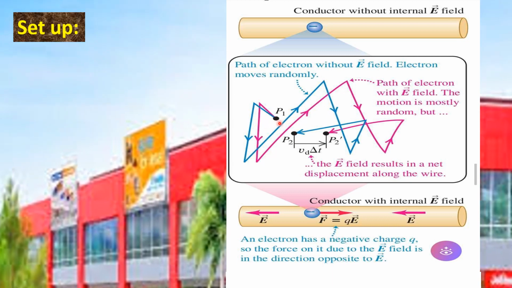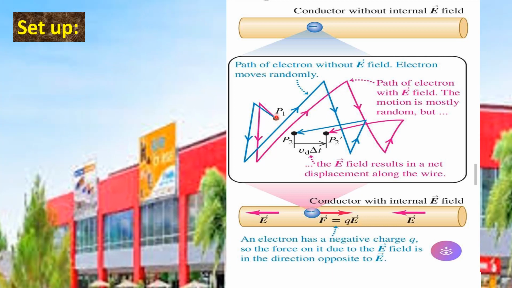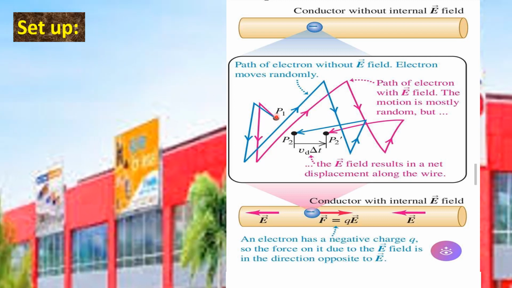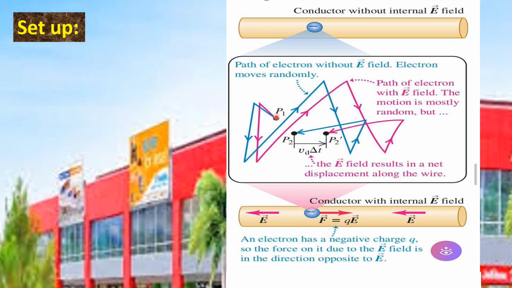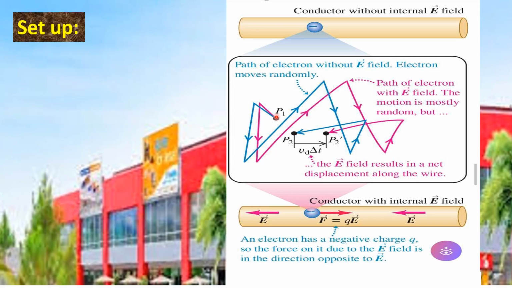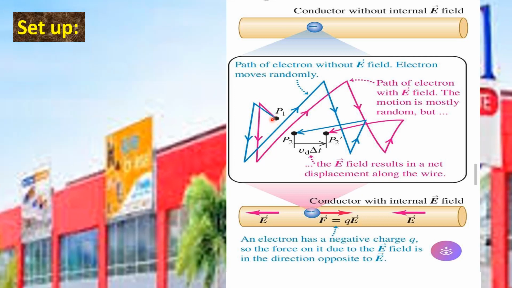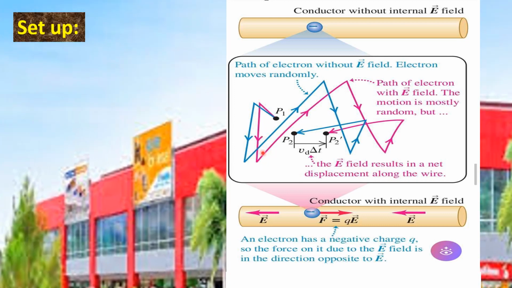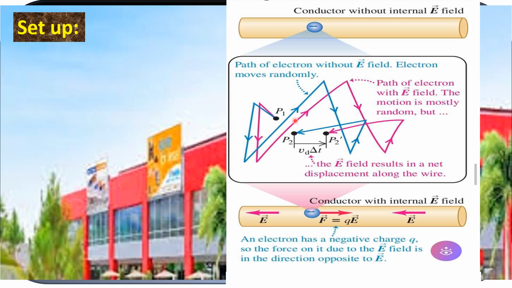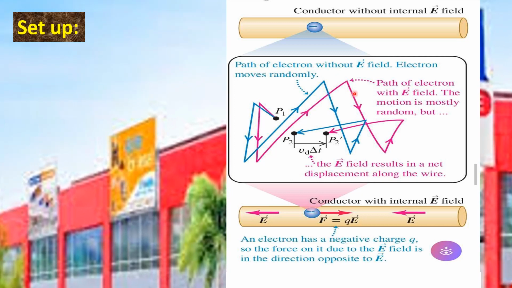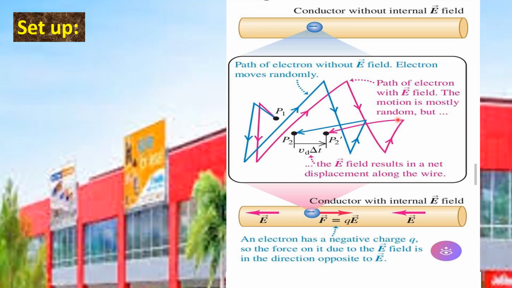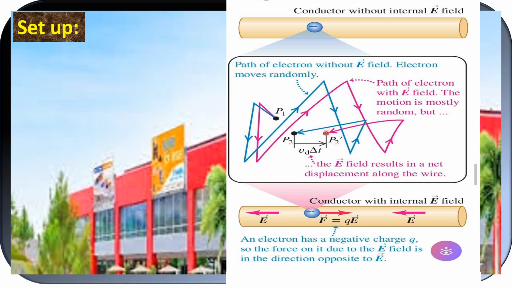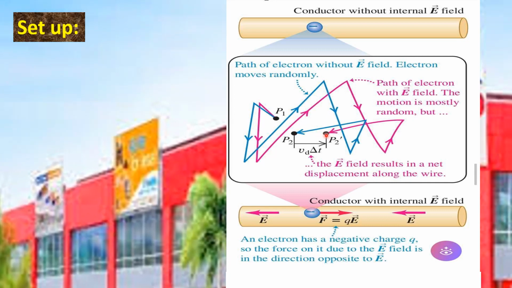So if you're going to trace the path of the electron with electric field, still its motion is mostly random. From P1, it goes downward, upward to the right, then downward to the right, upward to the right, until it goes to point P2, or P2 prime.